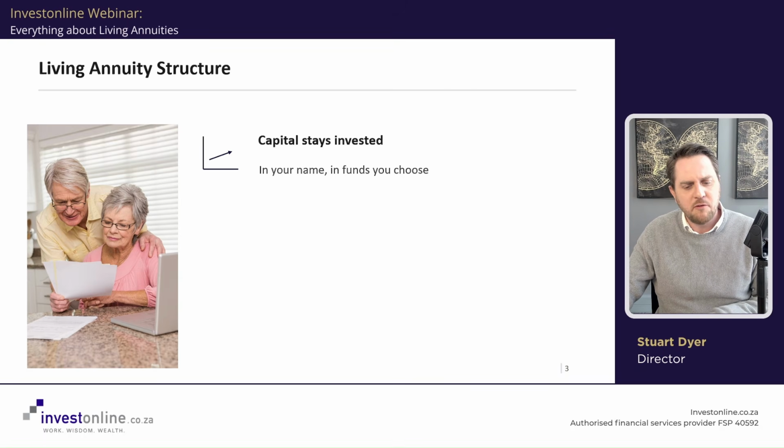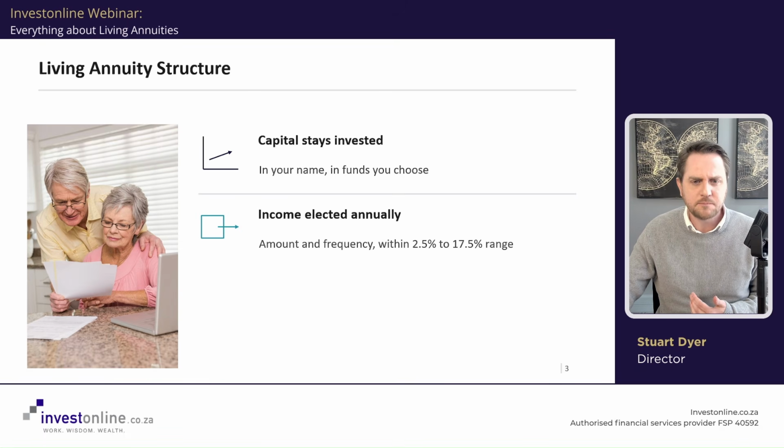So when you retire from employment, or if you are over the age of 55 and you've got a retirement investment like a retirement annuity, then you can convert either your employer fund or your retirement annuity into a living annuity, and that living annuity stays invested. The capital continues to be invested, and you merely draw an income from the investment portfolio.